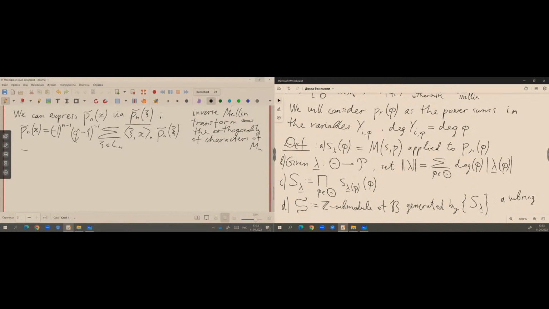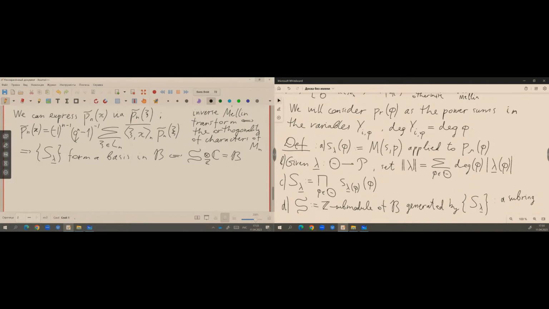And it implies that our Schur functions form a basis in this complex valued symmetric ring B. So in other words, if we take this Z module and extend scalars from integers to complex numbers, we get our symmetric functions ring B.